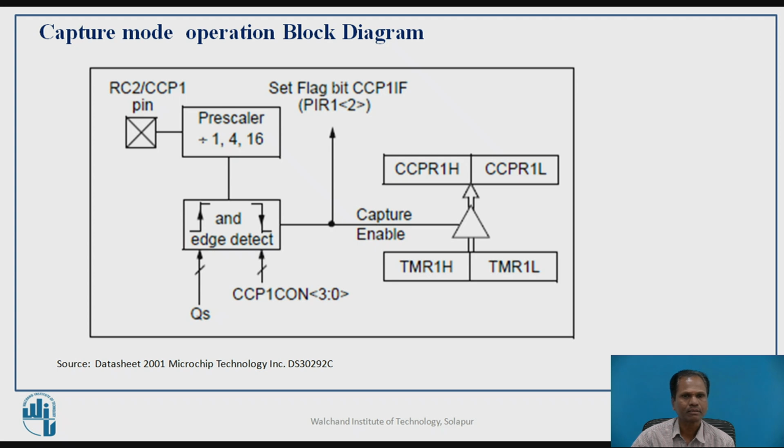Timer 1 is running in timer mode or synchronous counter mode. When capture occurs, the value is transferred to CCPR1H and CCPR1L, and at the same time it sets the flag bit CCP1IF in PIR1 register at bit position 2.